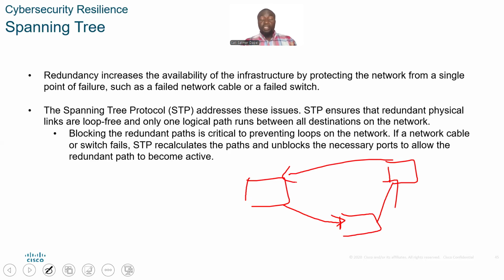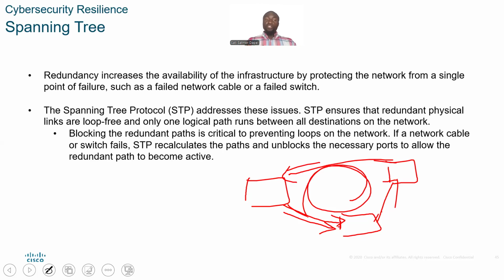So any traffic that comes to a switch is broadcast to go out through all the ports except the incoming port. So if a particular traffic comes in here, this switch broadcasts the traffic to all the ports except the incoming port. Once it goes out here, it comes to this switch, and this switch rebroadcasts, and then it goes out here. Once it comes to this switch, the broadcast comes here. The same thing, so you see it becomes a loop.